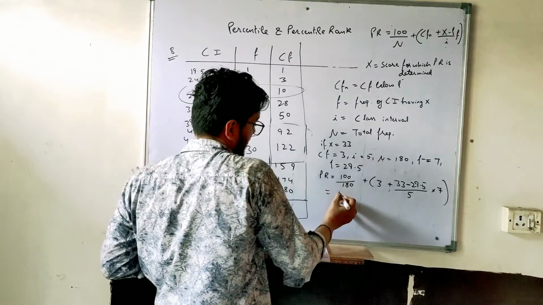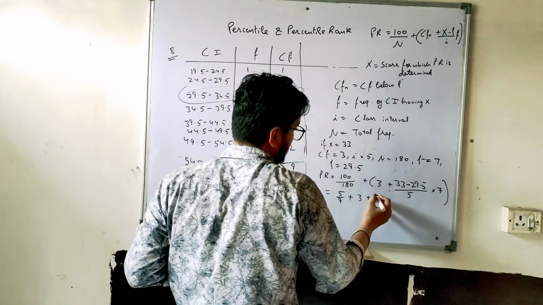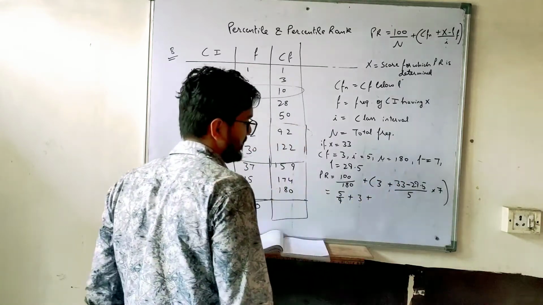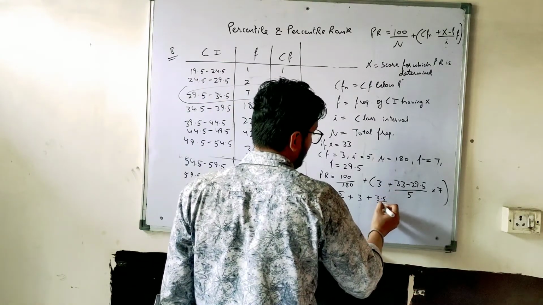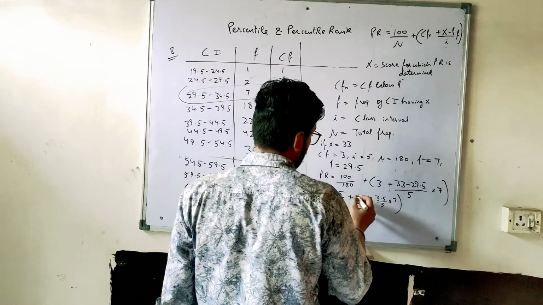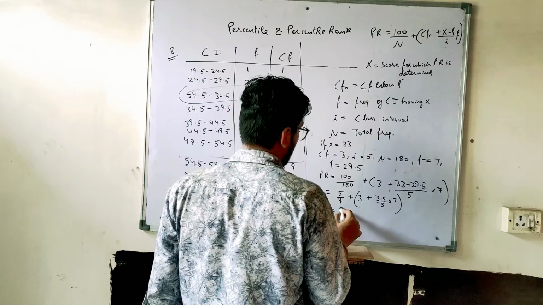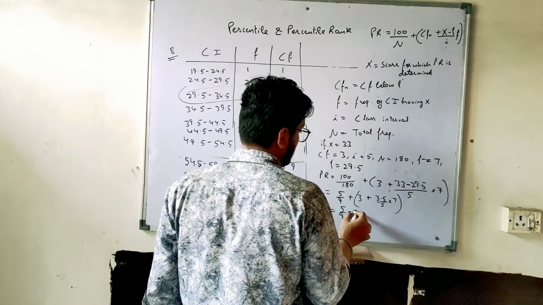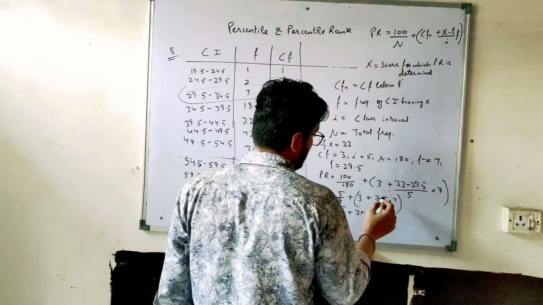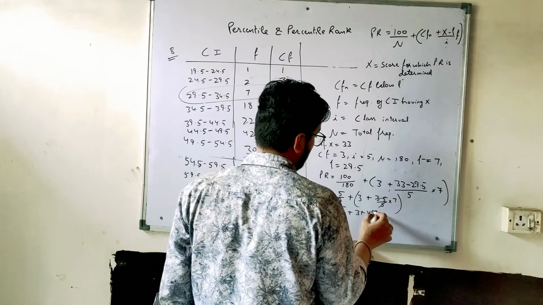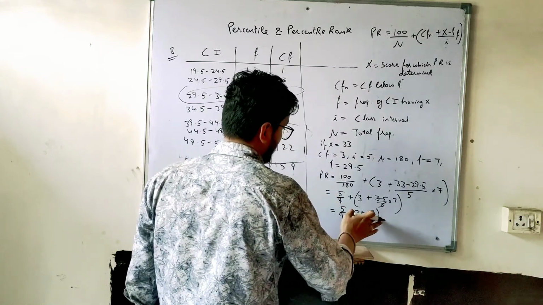So 5 upon 9 into 3 plus 3.5 upon 5 multiplied by 7, which is 0.7.